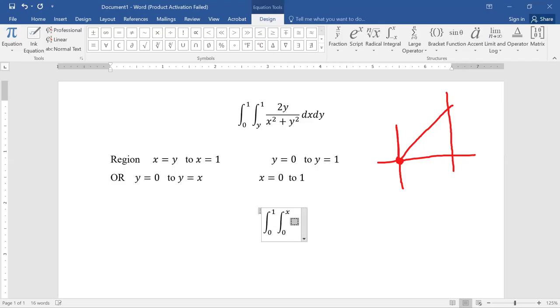By the way, they don't always come out quite this nice. Obviously, in this case, it came out very nicely that these were exactly the same. A lot of times they don't. But here we're integrating with respect to y first, and then with respect to x.